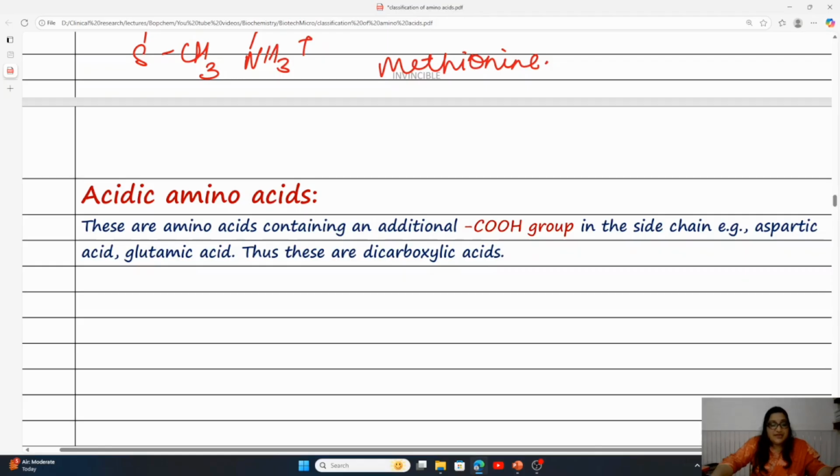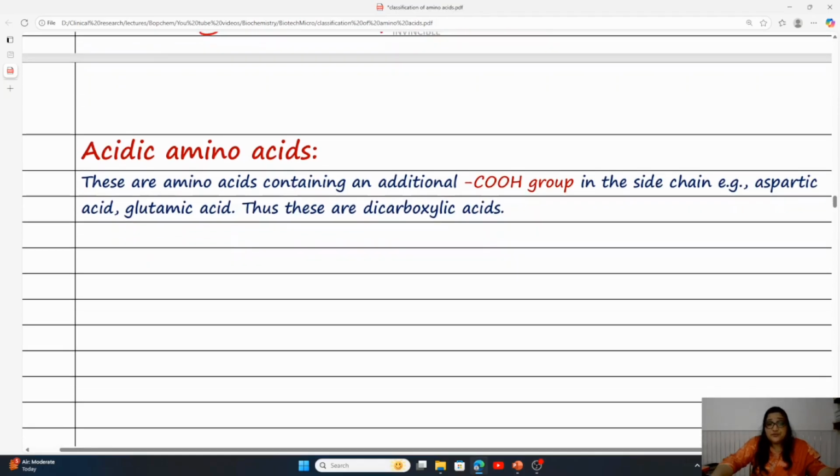Now there are certain amino acids which are acidic. Why are they acidic? Apart from the basic nature, what was the basic nature? CH, COO negative and NH3 positive. We understood that it was a zwitterion structure.